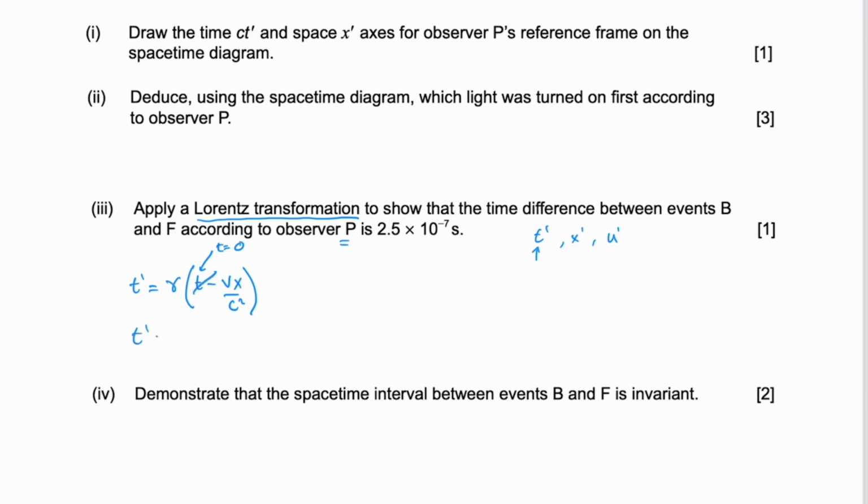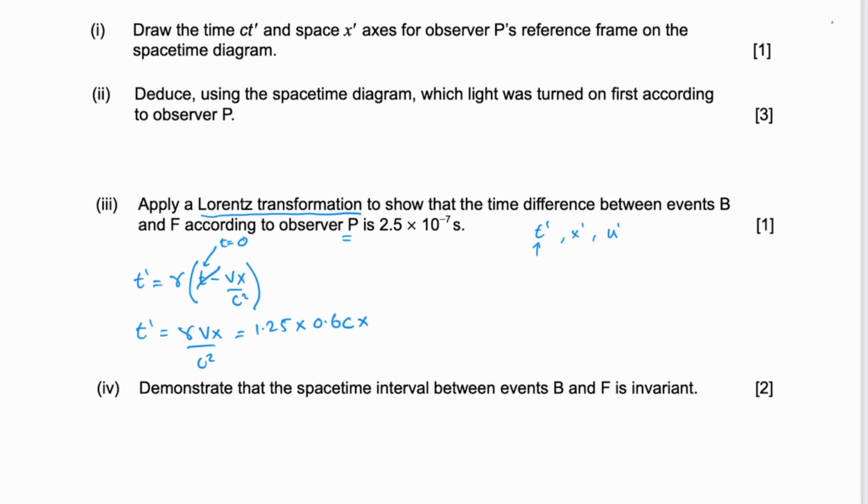So we've got t' equals gamma v x over c squared. And gamma is our Lorentz factor. We already know that's 1.25. We calculated that earlier. The speed of the train is 0.6 c.